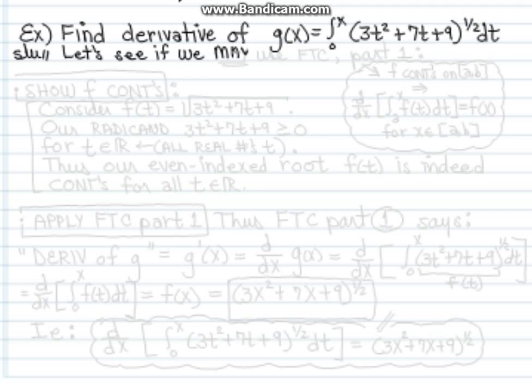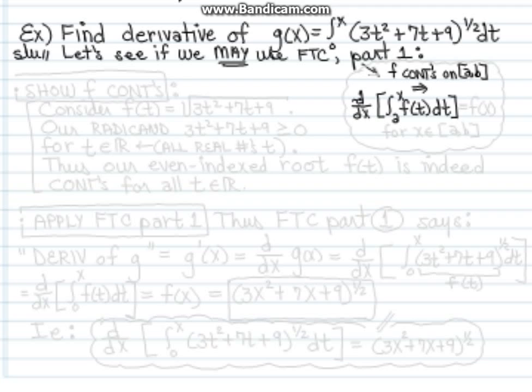Well, let's check. Let's see if it's even possible for us to use the fundamental theorem, part 1. What does part 1 say? Part 1 says that if little f is continuous on the x interval from a to b, that implies that the derivative with respect to x of this strange integral from a to x of f of t dt is indeed equal to f, the little f, evaluated at x, whenever x is on the interval from a to b.